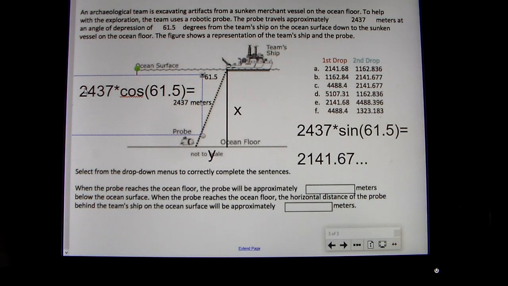And we're going to get 1,162.83. So our answer would be 2141 and then 1162. So in this case, it'll be A, option A, for the first drop down menu, and then the second drop down menu is 1,162.